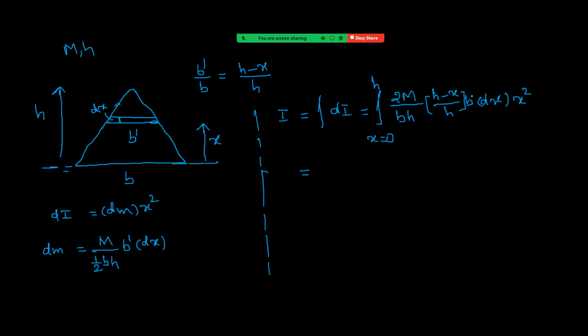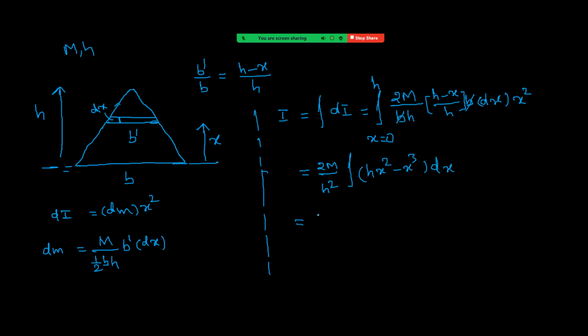First make the calculations: b gets cancelled. Take 2m outside, h and h square. Remaining is the integration of h minus x, or you can say hx square minus x cube, dx.